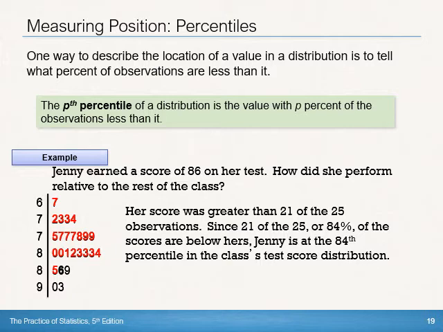This works better when you have 100,000 data values, like when people take the PSAT or the SAT or the ACT. There's hundreds of thousands of data values because there's hundreds of thousands of people who took those tests. And so if you're at the top score, you're at the 99.9999 percentile. So essentially you're at the 100th percentile.